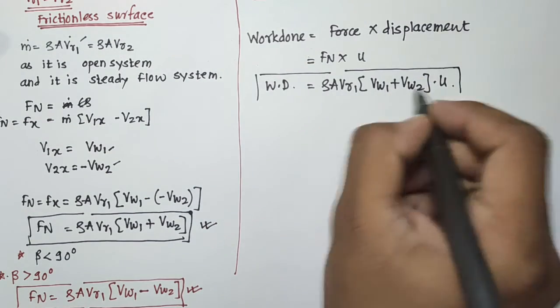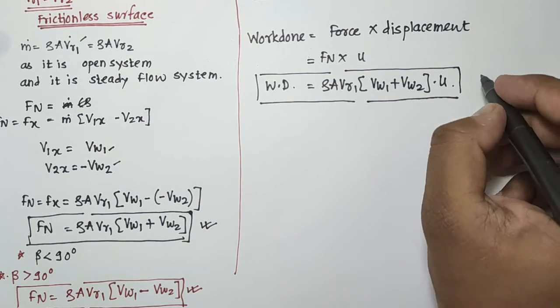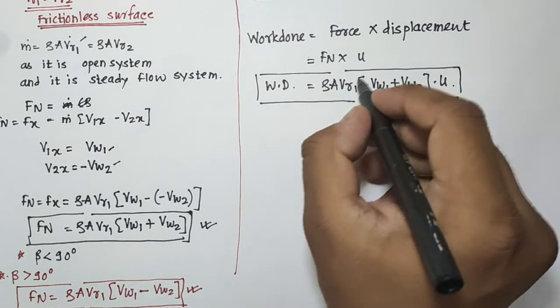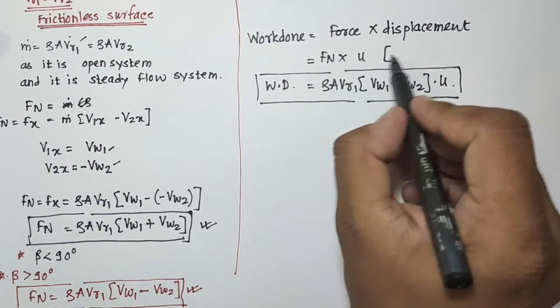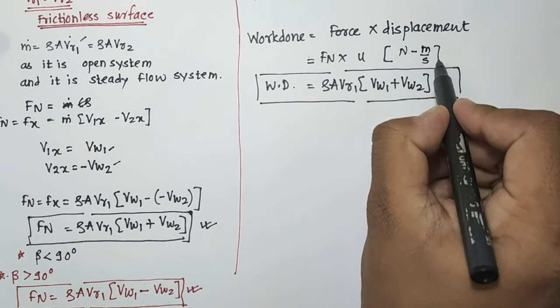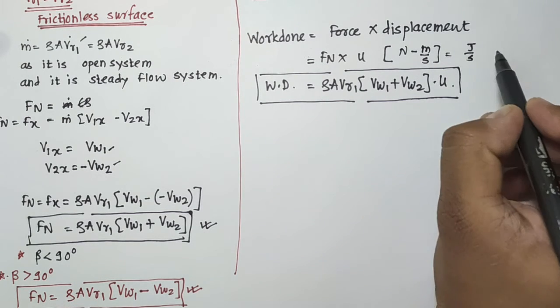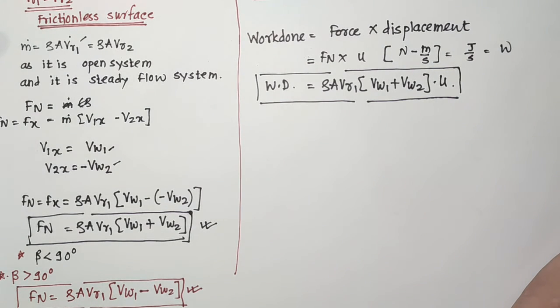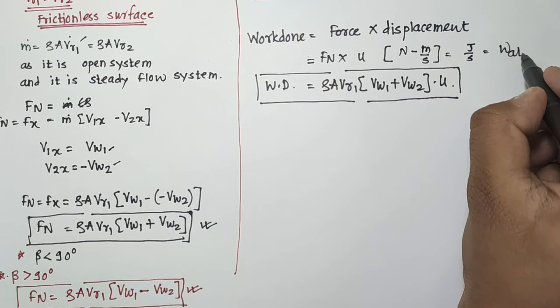In actual practice, this work done is nothing but rate of work done. How? Let's say this thing. Let us consider this particular part in this equation only. Force is in Newton, velocity is in meter per second. So it will be like this, joule per second, because Newton meter is nothing but joule, so joule per second is to be considered as watt.